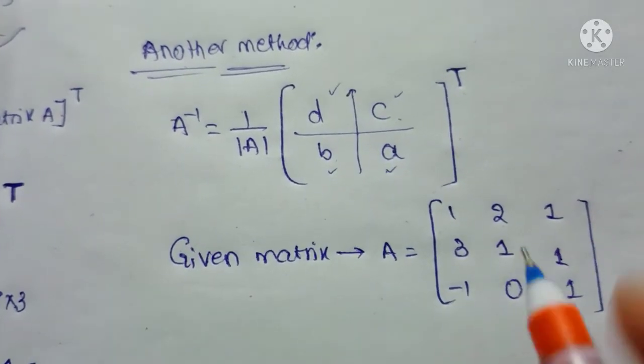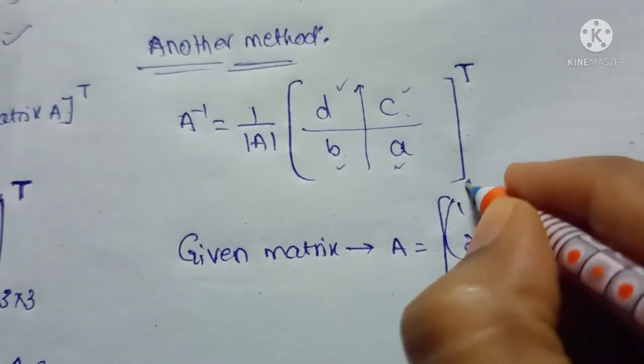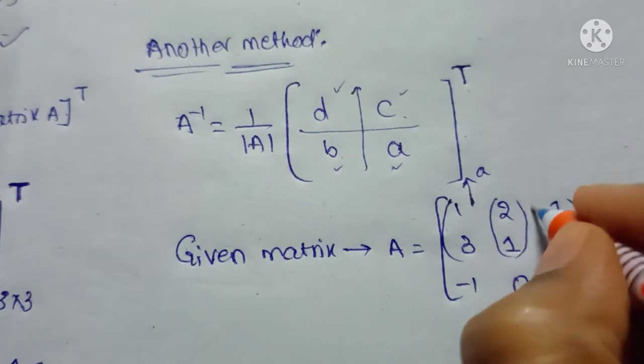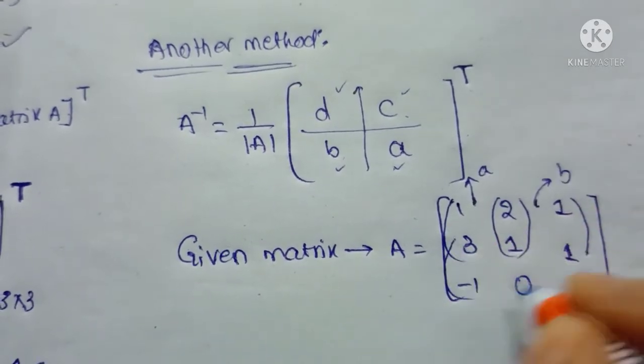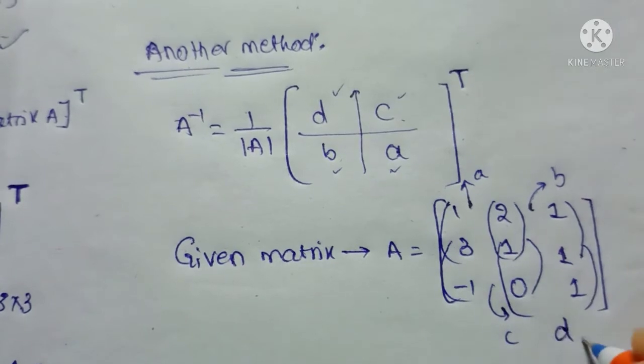You have to divide this matrix into 4 parts. This is A, and this 2 by 2 matrix is B, this 2 by 2 matrix is C, and this 2 by 2 matrix is D.